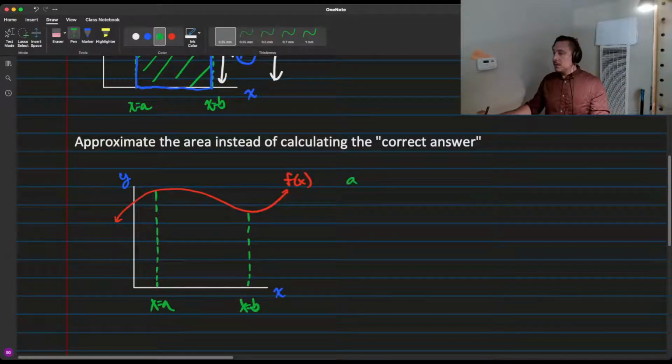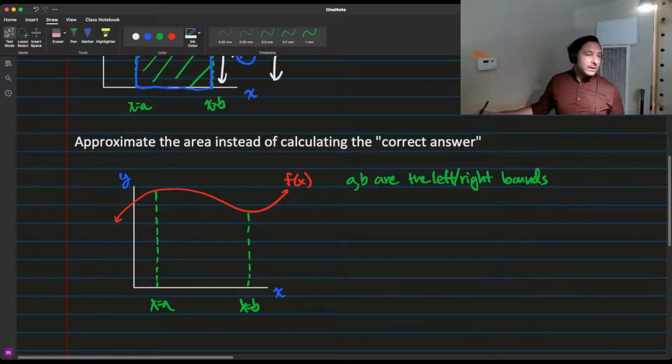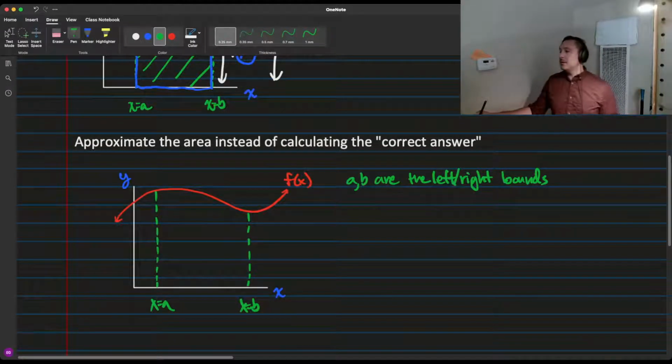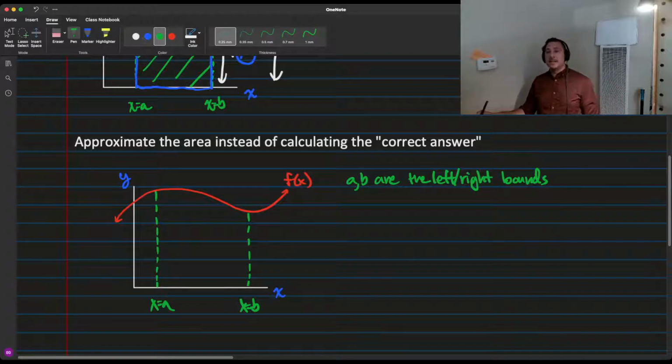So a and b are the left and right bounds. That comes from the fact that it's the boundary of the area that you want.